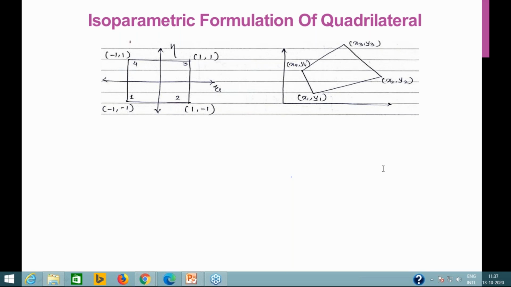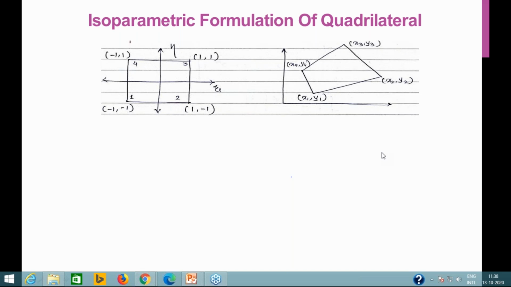I got some answers from Aishwarya. Just check the concept, or remember the concept of the Jacobian matrix, and try to give the right answer. I got answers from Rahul and Nikhil.